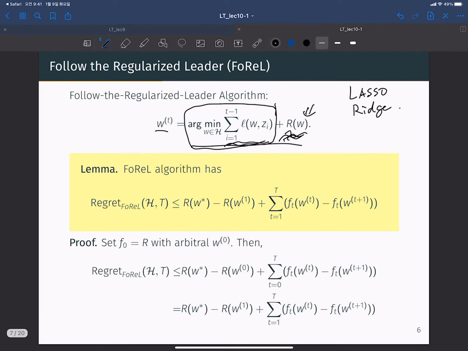Let's see a more rigorous and detailed proof for an algorithm that follows the regularized leader algorithm.